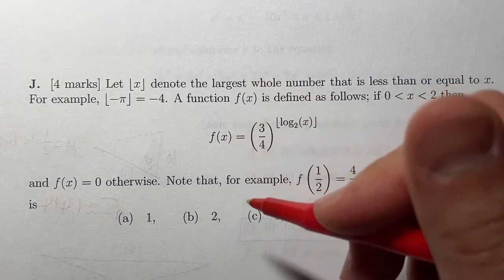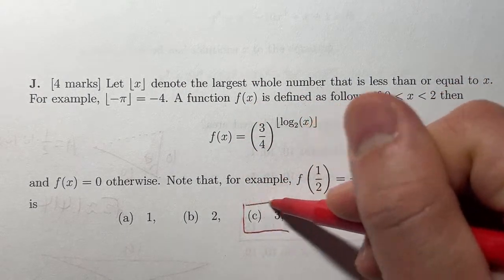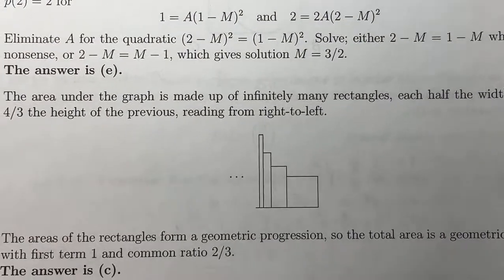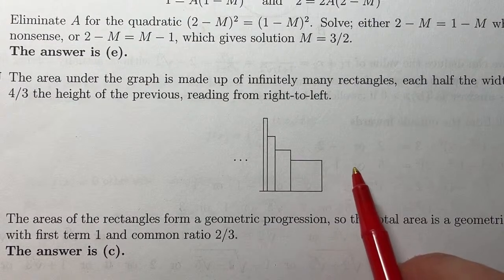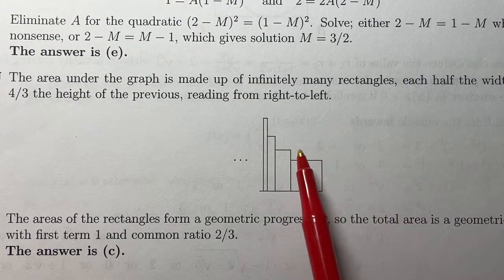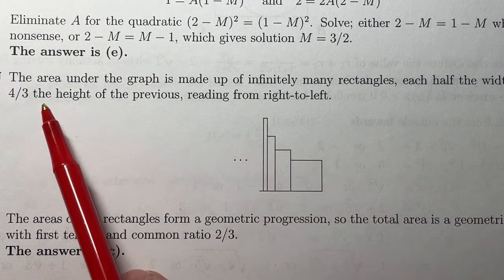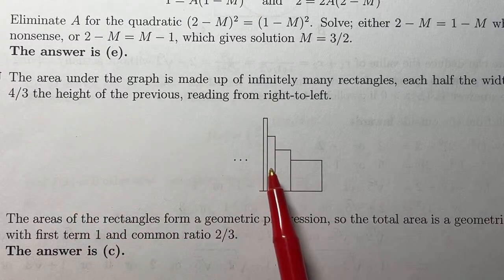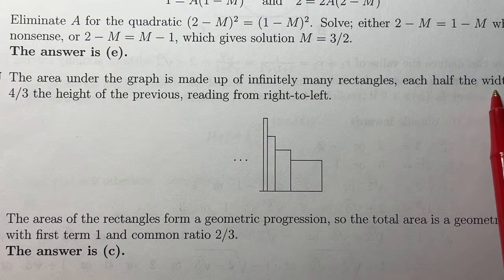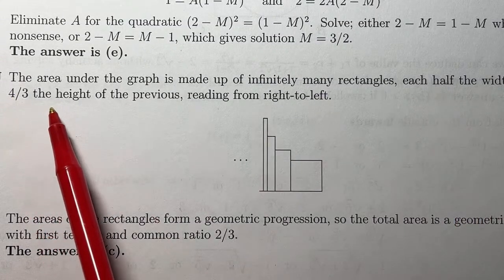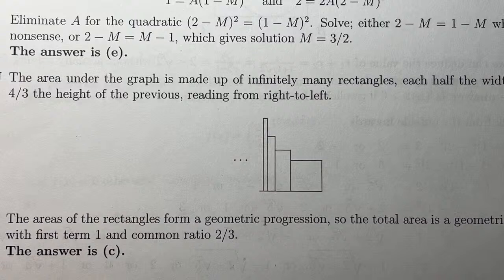Ready? I'll tell you. The answer is C. I'll show you the picture real quick. You'll get a bunch of rectangles like this. And the fun part is that right here, we have infinitely many rectangles and they each have half the width and 4/3 of the height of the previous one.